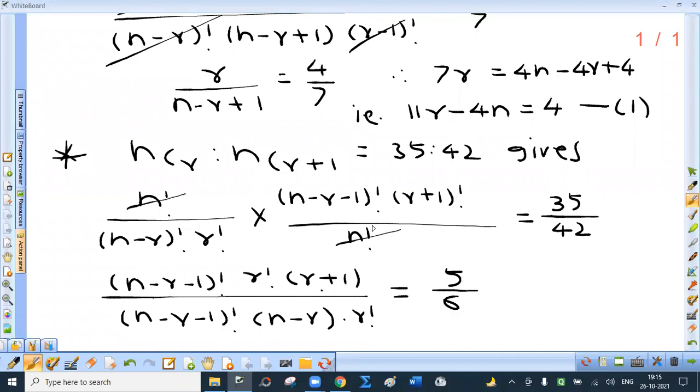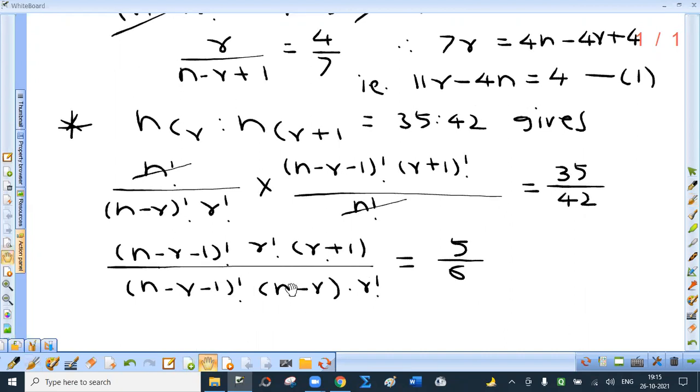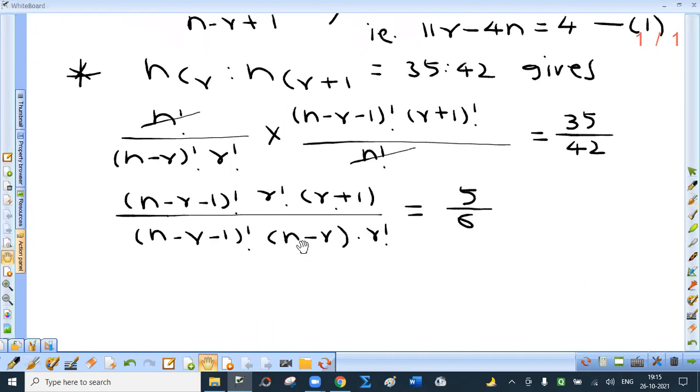Factorial of greater is factorial of 1 less into that. Similarly, in the denominator, what is n minus r factorial? Factorial of any number is factorial of 1 less into that number. Now see how this can be simplified. r factorial gets cancelled, this also gets cancelled. So what remains is r plus 1.